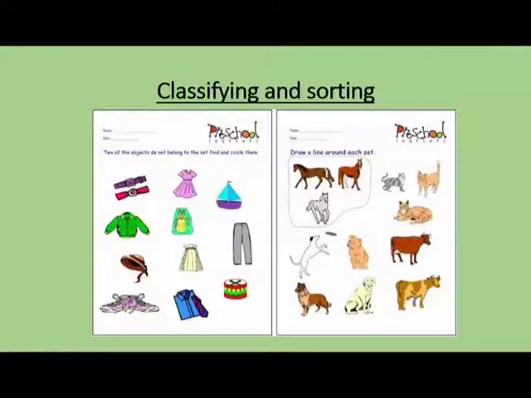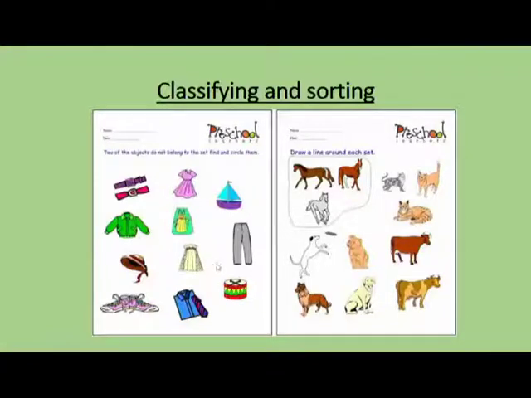On the left hand, they have to look at, there are two pictures that do not fit into that. On the other pictures, if you can see, these are all clothing, but there you have that picture of a boat and that picture of a drum. So learners should encircle the ones that do not fit.